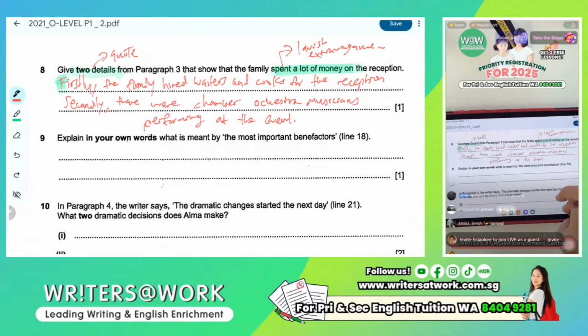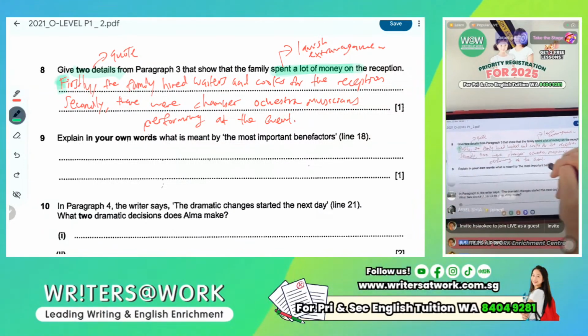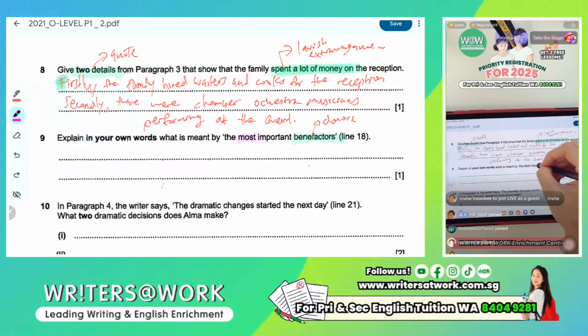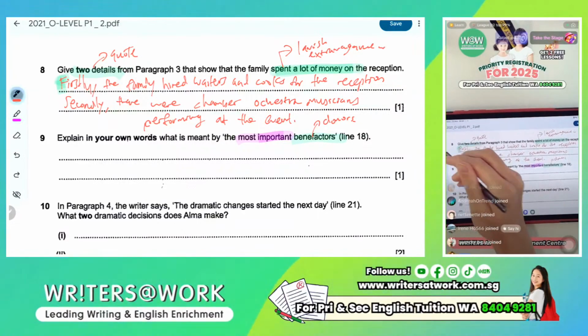Now looking at question 9, explain what is meant by the most important benefactors. As I've shared earlier, this refers to the donors and how they usually donate a lot of money for the charitable cause. Now you can see why it is most important. From that kind of charitable perspective, they are most important because they provide the most money for you, the most resources for you, right?